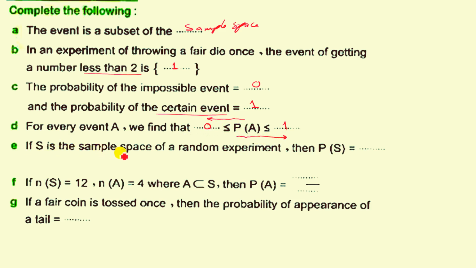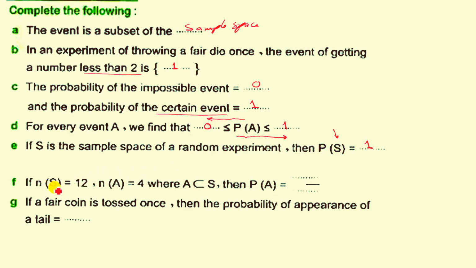If S is the sample space of a random experiment then probability of S اللي هو ايه بيكون 1. لما يكون عندنا event number of its elements is equal to the number of elements of the sample space بيكون ده certain event. Probability of certain event 1.